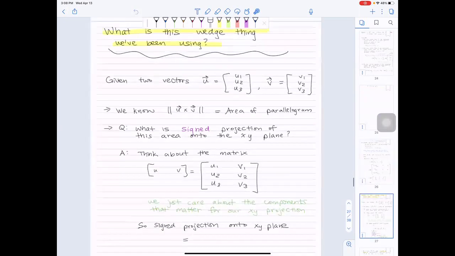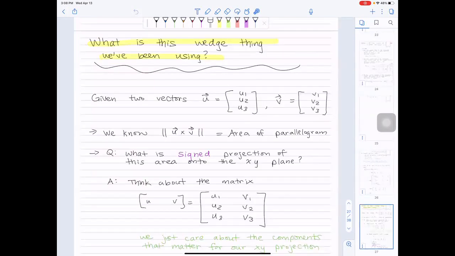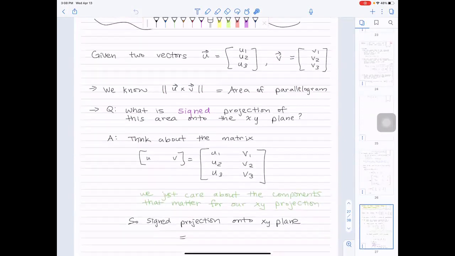So let me give you intuition about what this wedge thing we're doing is. Given 2 vectors like u and v in 3 dimensions, we know that the magnitude of the cross product gives us the area of a parallelogram. This is from the week 1 definition. Then a question is, what is the signed projection of this area onto the xy plane? If you think about the matrix that we wrote right here, we just want the projection onto the xy plane.